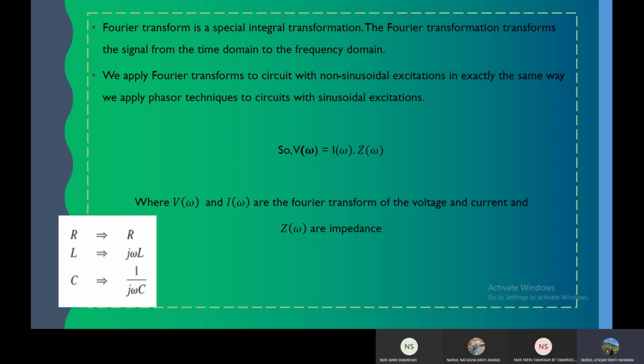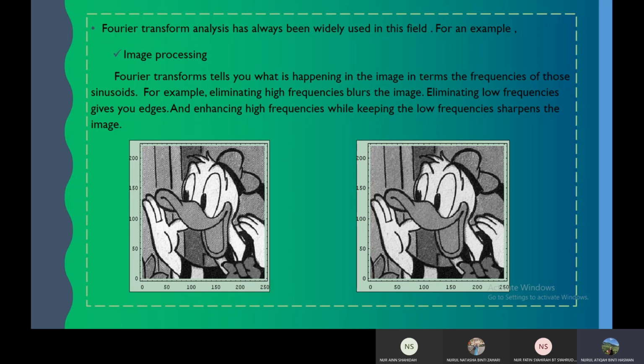excitation. So we use the formula V(ω) = I(ω)Z(ω), where V and I are the Fourier transforms of the voltage and current, and Z(ω) is the impedance. The Fourier transform analysis has always been widely used in this field. For example, image processing.